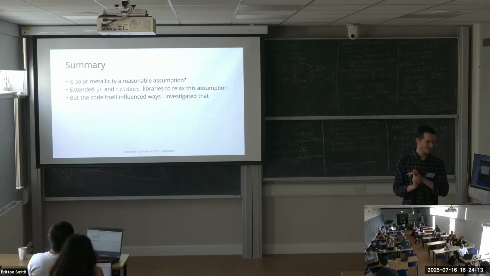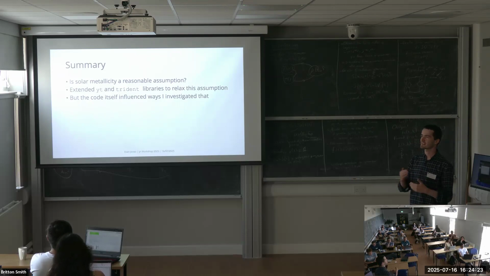So we wanted to ask the question, is it a reasonable assumption that metallicity is solar? We needed to build on YT and this Trident library, the extension to that, to try and relax that assumption. Using what we already had inspired ways to answer that, which I think is a fun feedback loop, right? The code you write says what science you do, and the science you do says what code you write.